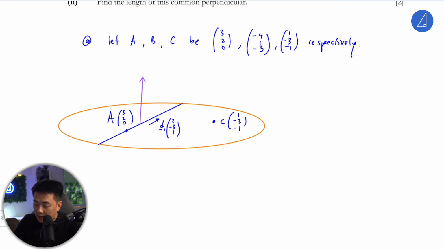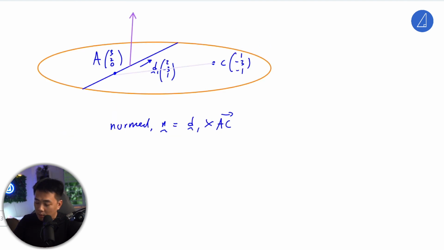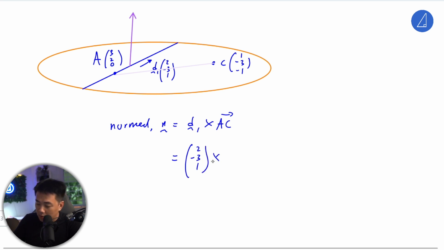That will be basically AC and D1. So the normal of the plane, I just need to take D1 cross with AC. D1 will be 2, -3, 1 cross with AC, 1, -2, -5, -1.